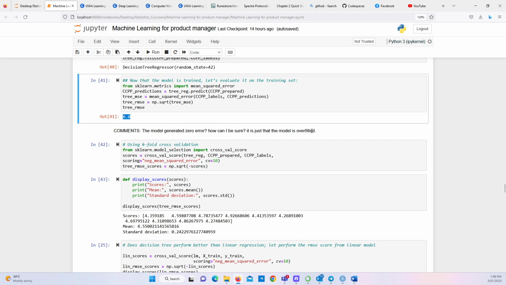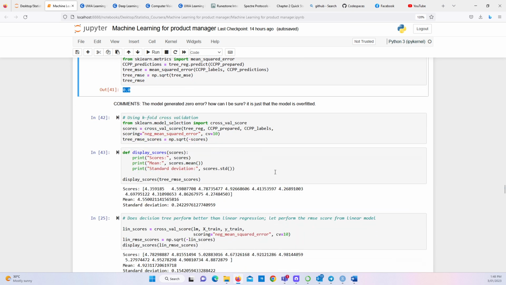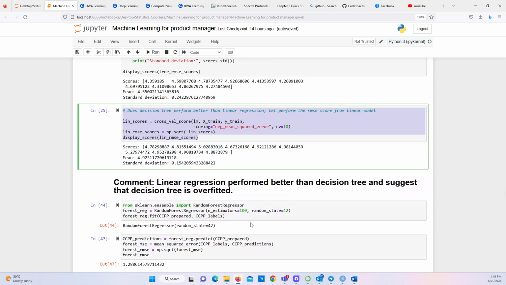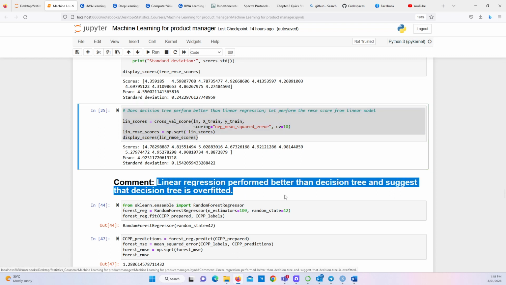So we can't use this model to generalize. So I'm gonna skip this one. So from what I did here, the decision tree just overfit, and linear regression did better than the decision tree, right?